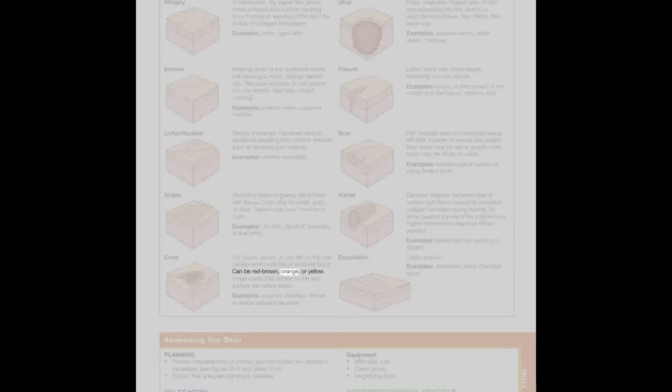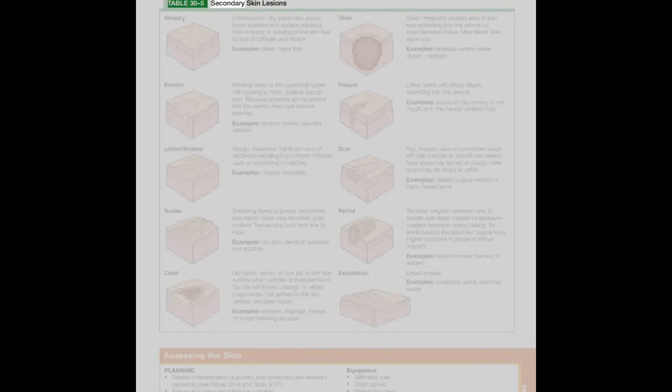Can be red, brown, orange, or yellow. Large crusts that adhere to the skin surface are called scabs. Examples: eczema, impetigo, herpes, or scabs following abrasion. Excoriation: linear erosion. Examples: scratches, some chemical burns.